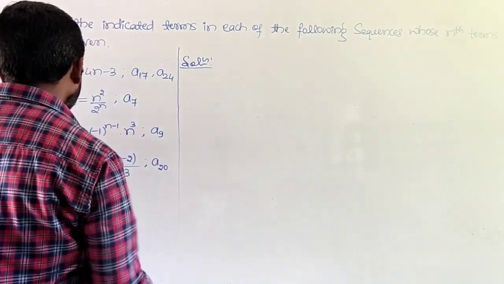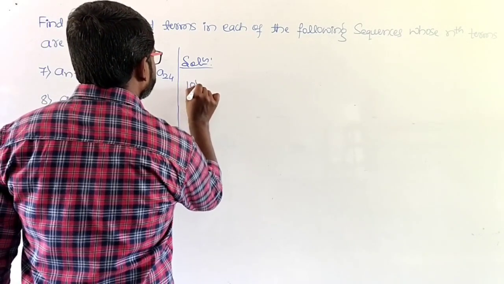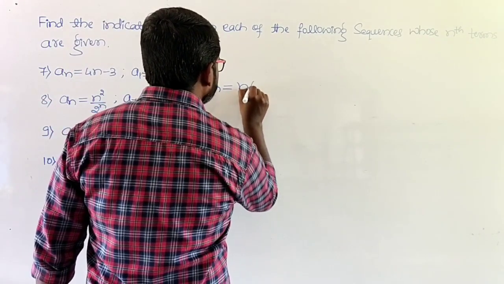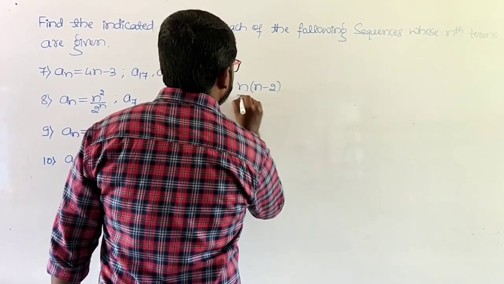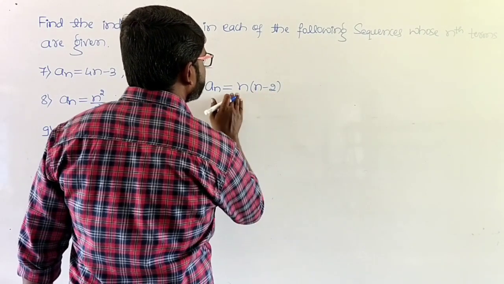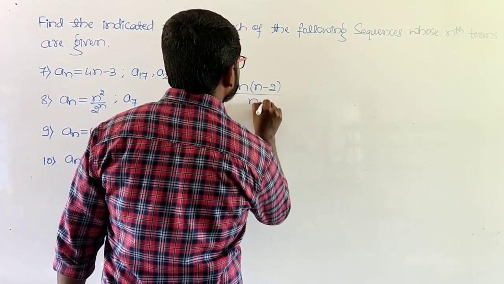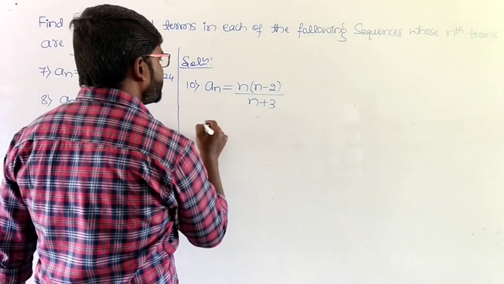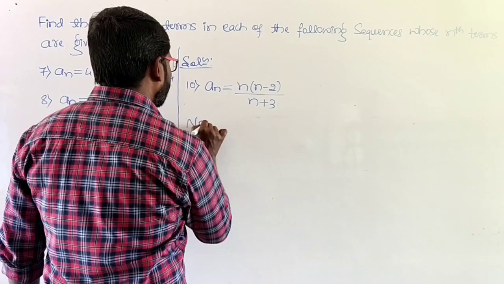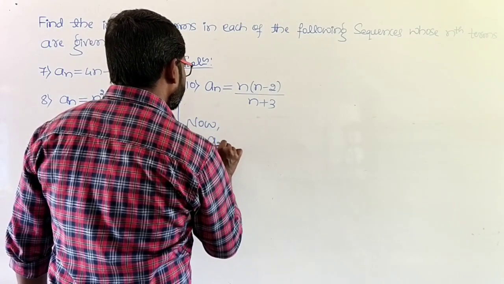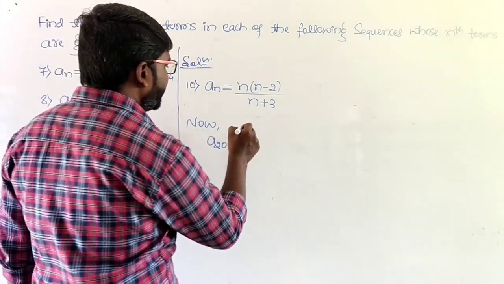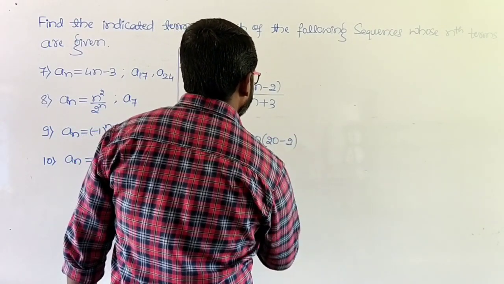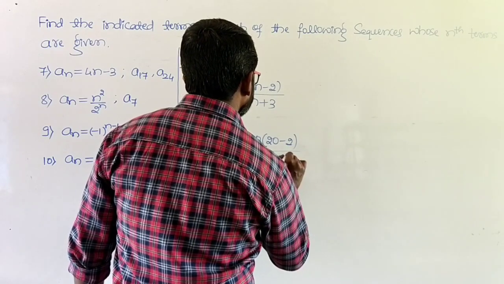Let us solve the 10th one. So it is a_n equal to n into (n minus 2) divided by (n plus 3), and here we will have to find a20. So replace n by 20 now. So now a20 is equal to 20 into (20 minus 2) divided by (20 plus 3).